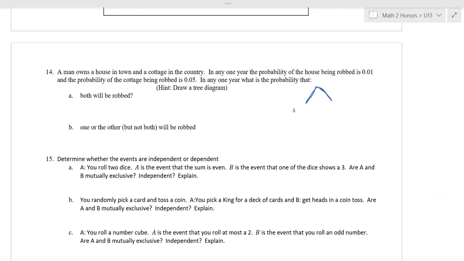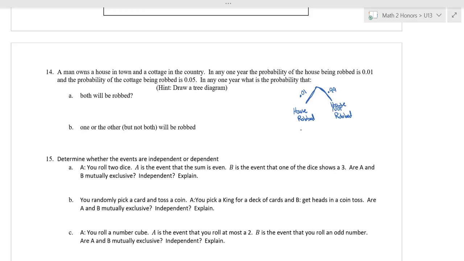Either your house is robbed, or not robbed. And it tells us that the probability the house is robbed is 1%. There's a 1% chance, 99% chance it's not robbed.